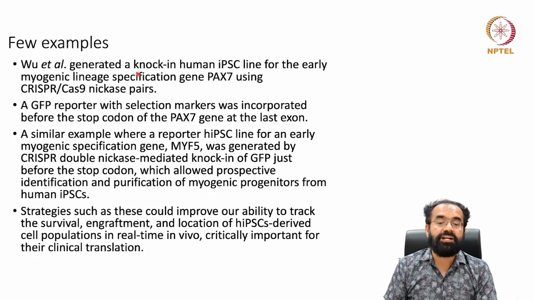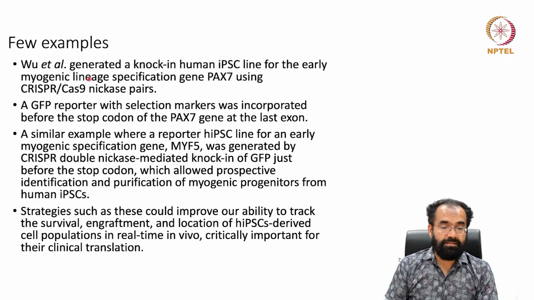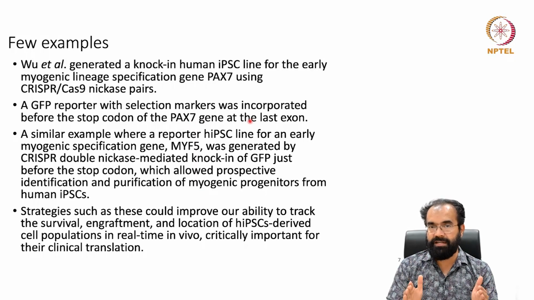Wu et al. generated a knock-in mouse iPSC line for the early myogenic lineage specification gene PAX7 using the CRISPR-Cas9 nickase pairs. A GFP reporter with the selection markers was incorporated before the stop codon of the PAX7 gene at the last exon. That means the PAX7 gene is intact, and you put an extra GFP into it.